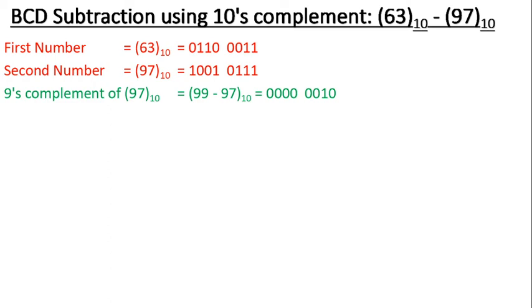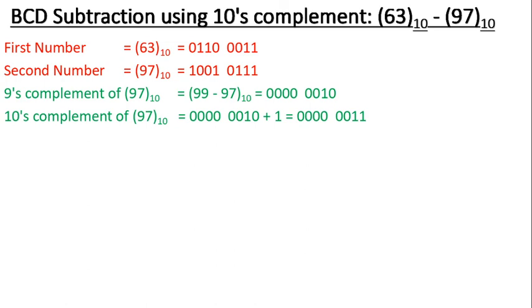So the 9's complement of 97 decimal is equal to 0000 0010. Once we get this 9's complement, then the 10's complement of 97 is to be obtained. The 10's complement of 97 is nothing but the 9's complement plus 1. We know that. So accordingly, we write that 10's complement on the extreme right of this line, which is equal to 0000 0011.